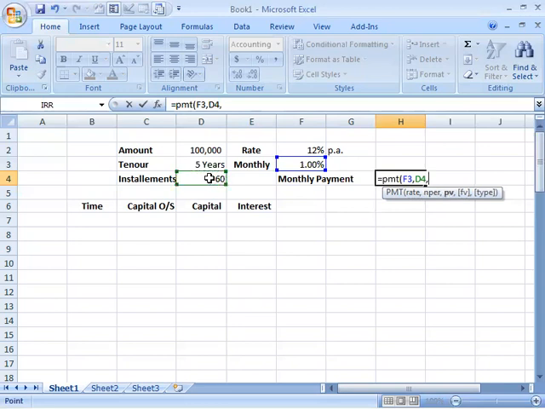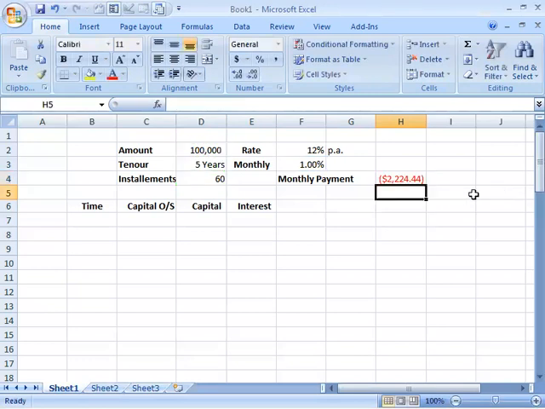And then PV is 100,000, the present value. The FV and type we don't need to type anything, since this is paid at the end of the month. Let's say this is being repaid at the end of the month for a 5 years period as monthly installments. Okay, so we click enter.